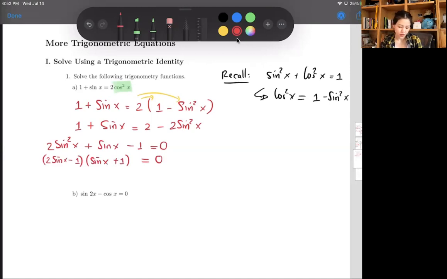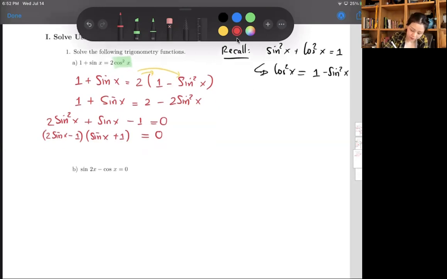If you double check, negative 1 times 1 is negative 1, and positive 2 sine x minus sine x is positive sine x. So we're good. From here I have either 2 sine x minus 1 equals 0, or sine x plus 1 equals 0.